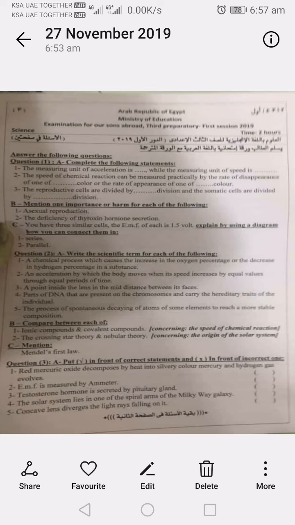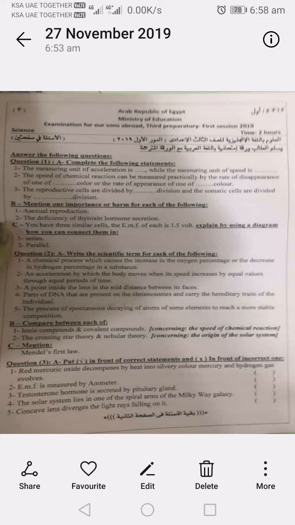Write the scientific term for each of the following. A chemical process which causes the increase in the oxygen percentage or decrease in the hydrogen percentage in a substance: oxidation. The acceleration by which the body moves when its speed increases by equal values through equal periods of time: uniform acceleration.